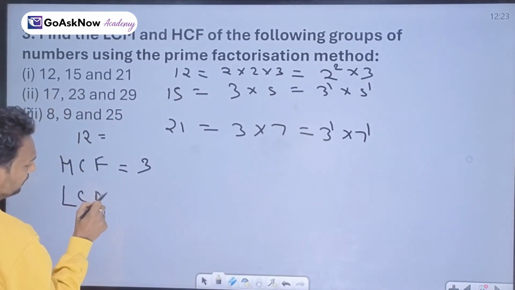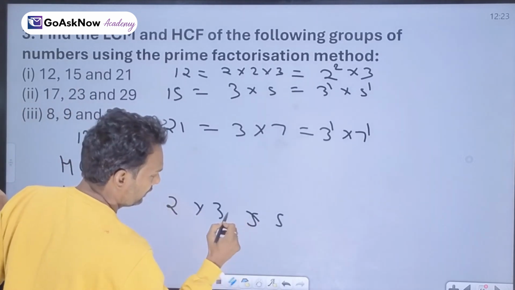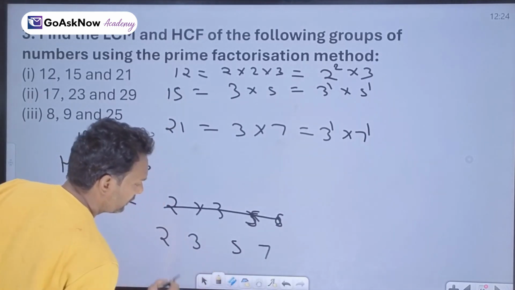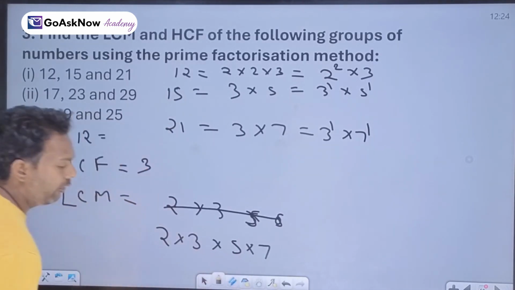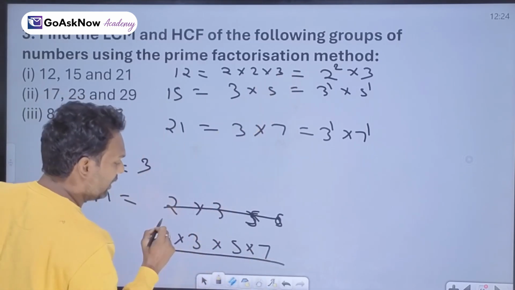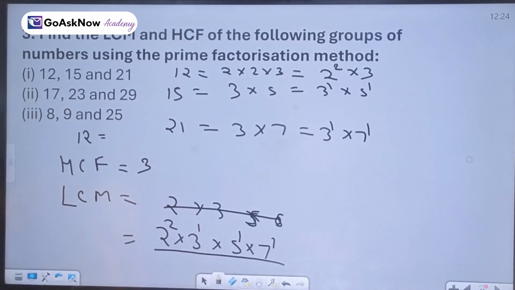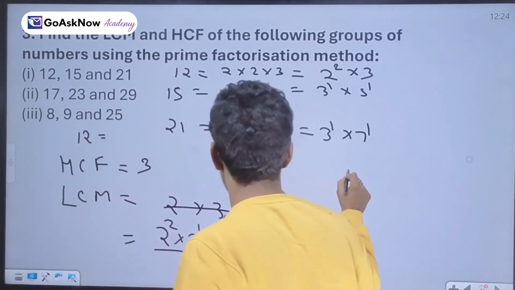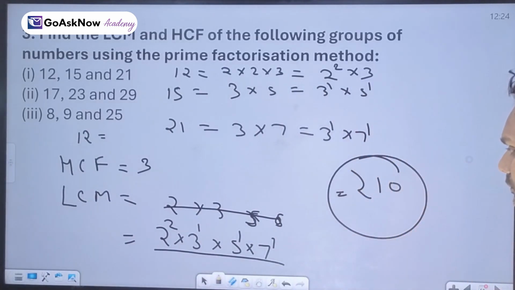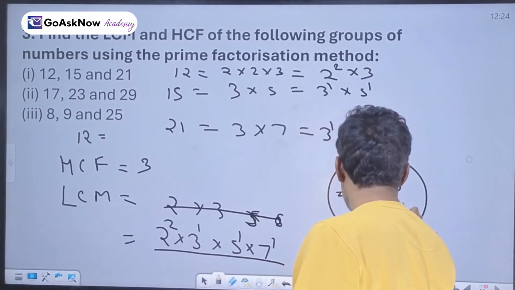And what is LCM? We will write all the numbers 2, 3, 5, 7, and now we will write the maximum power attained by each: 2 to the power 2, 3 to the power 1, 5 to the power 1, 7 to the power 1. That gives 420, which is the correct answer.